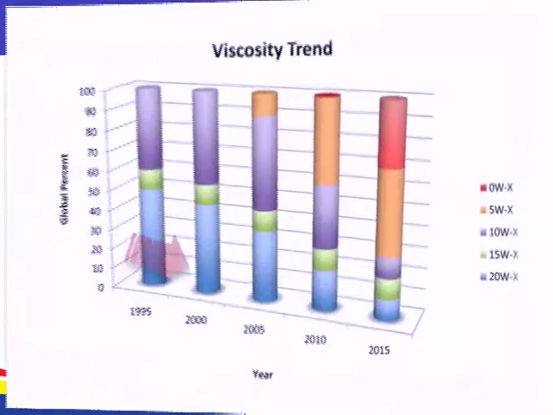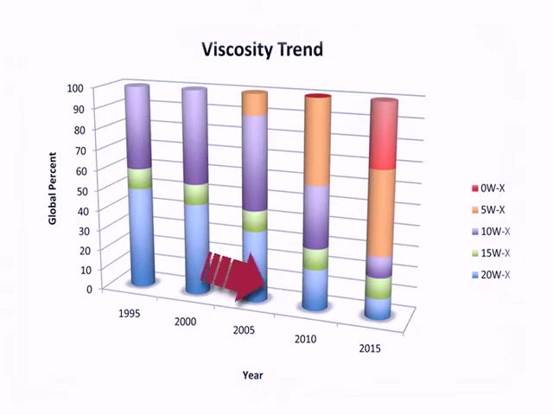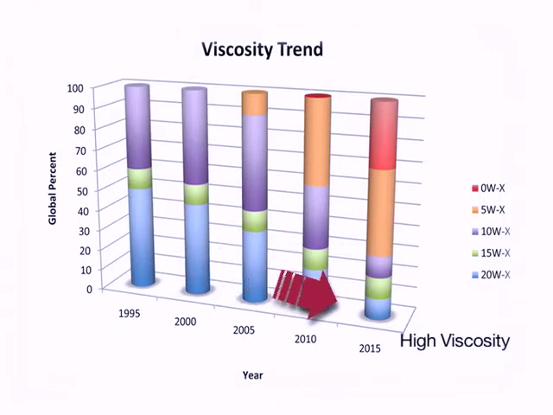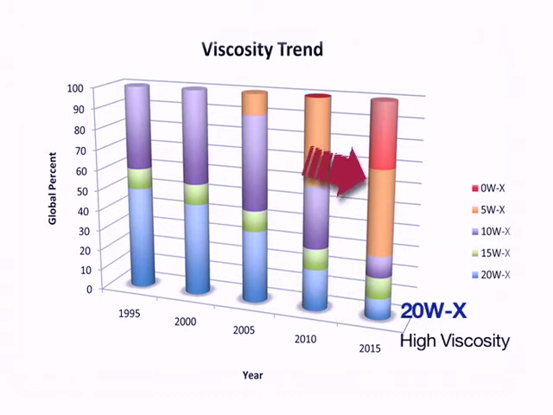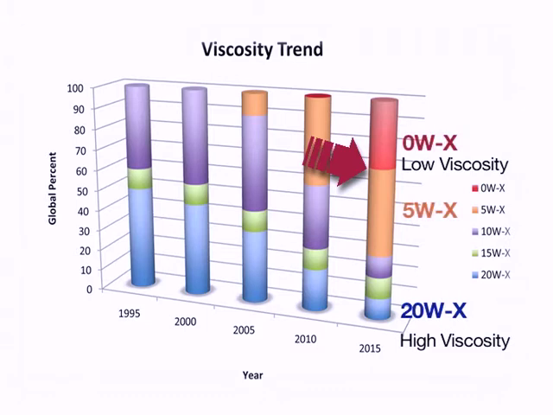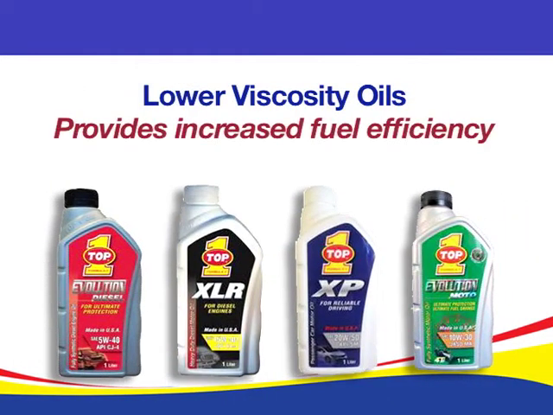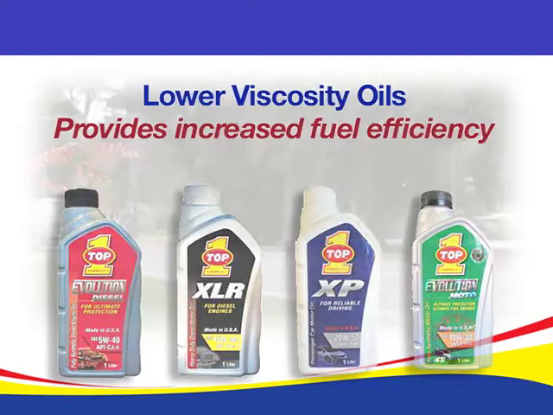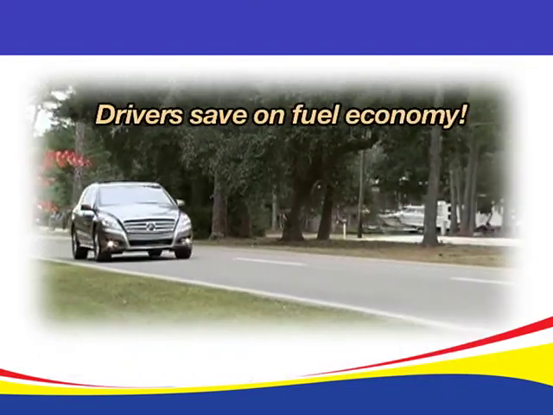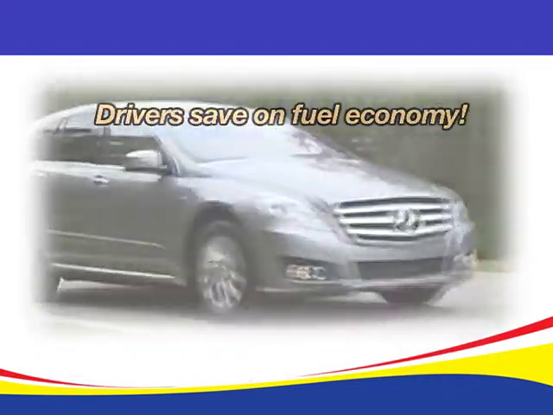From this chart, you can see that the trend is leaning away from high viscosity lubricants such as 20Ws, which are indicated in blue, and heading towards low viscosity lubricants such as 0Ws and 5Ws, which are indicated in orange and red. Lower viscosity oils result in increased fuel efficiency. This means drivers save on fuel economy.